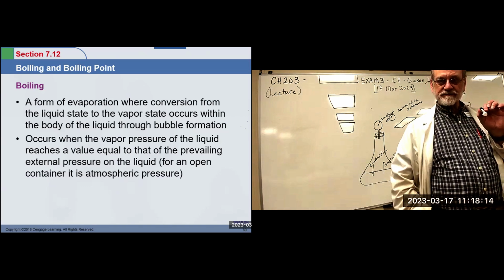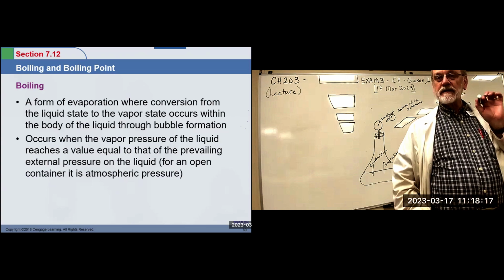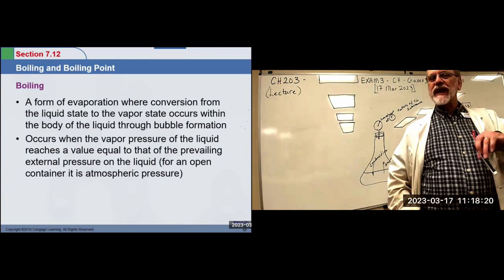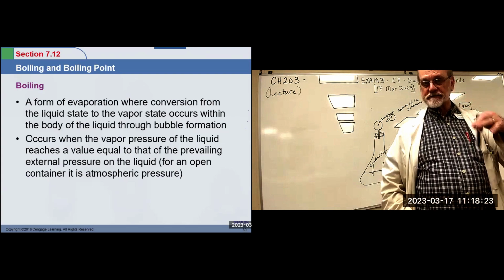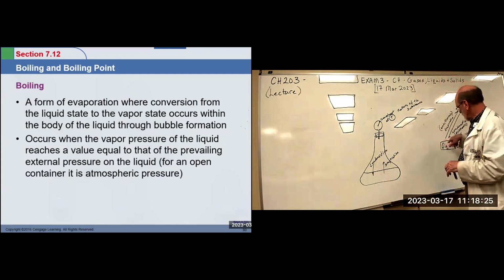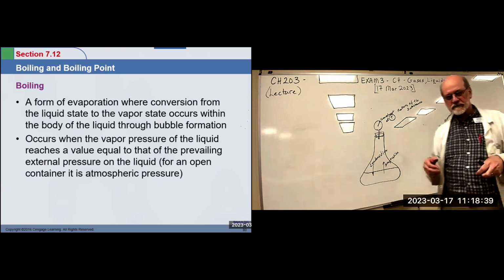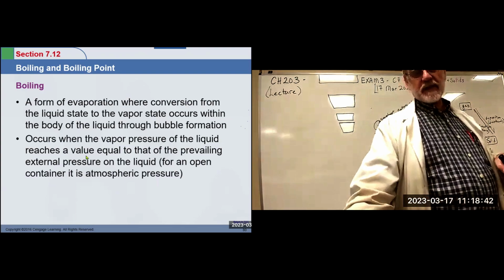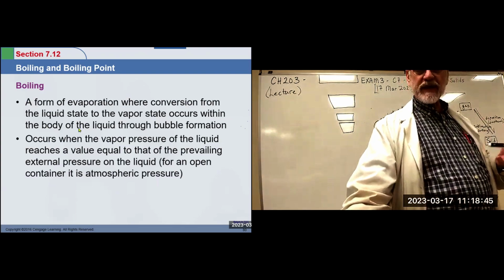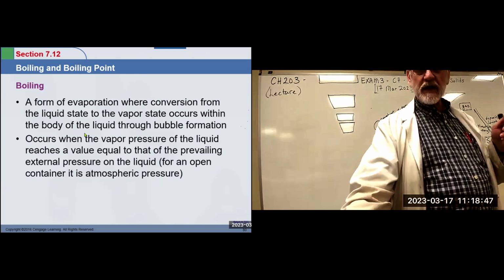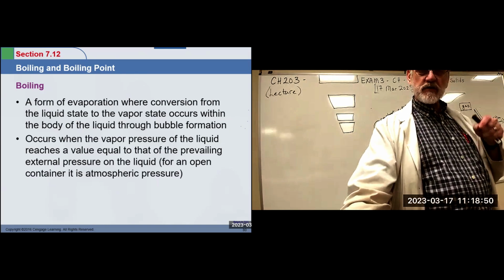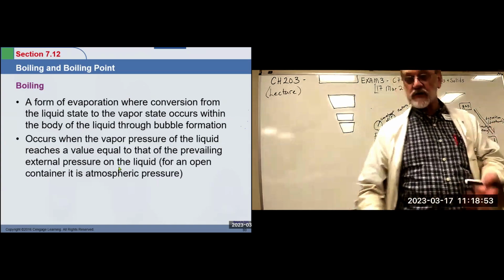Boiling is evaporation at 1 atmosphere pressure, or boiling at a constant pressure, where you turn the liquid into gas inside the liquid itself because the pressure on the surface is low enough and the internal kinetic energy, the disruptive forces, is high enough. So the authors are saying boiling is a form of evaporation, which is true, where conversion from the liquid state to the vapor state occurs within the body of the liquid. That's why you see bubbles forming.